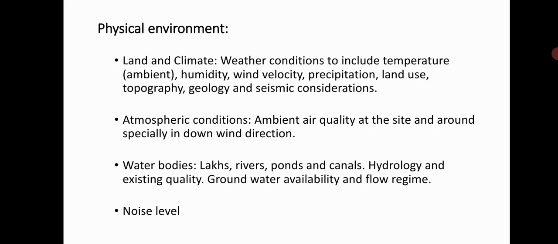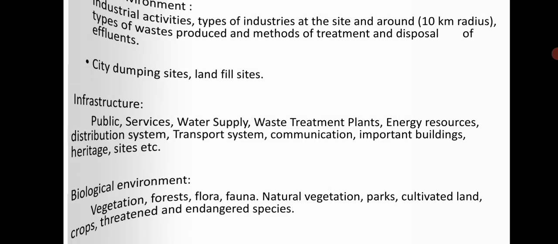Weather conditions include temperature, humidity, wind velocity, precipitation, land use, topography, geology, and seismic considerations. Ambient air quality at the site and around, especially in the downwind direction, comes under atmospheric conditions. Lakes, rivers, ponds, canals, hydrology and existing quality, groundwater availability, and flow regime come under water bodies. So land and climate, atmospheric conditions, water bodies, and noise levels come under the physical environment.